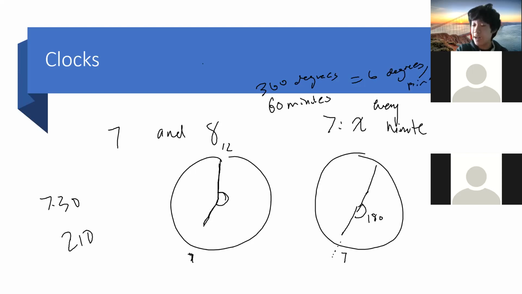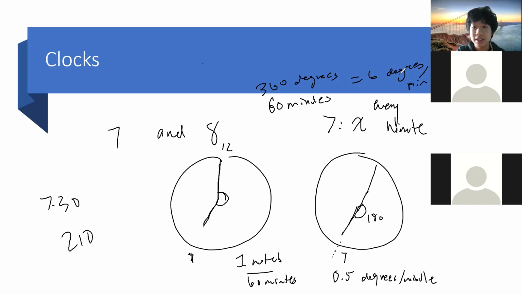Okay? How fast does the hour hand move? The hour hand moves slower, right? It only moves 1 notch every 60 minutes. We know that 1 notch is 30 degrees, so that's 30 degrees per 60 minutes, or 0.5 degrees every minute.